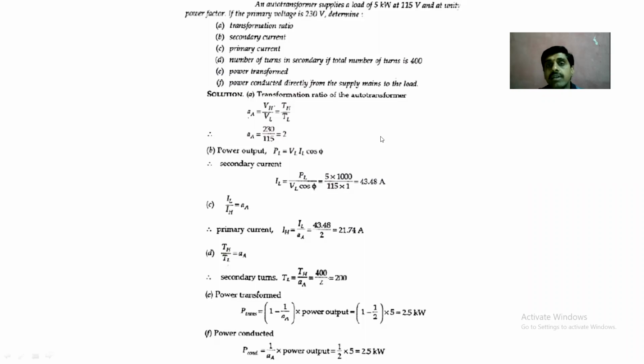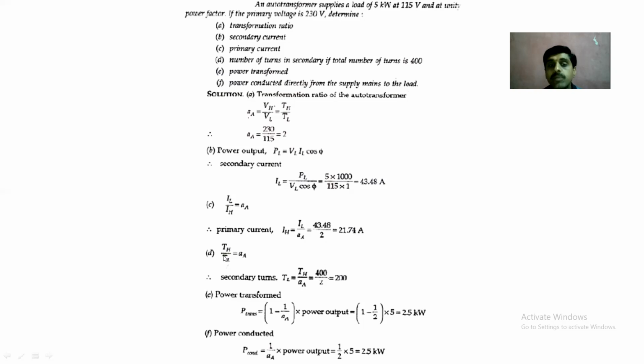Once again, first you calculate the transformation ratio, that is V1/V2, that is T1/T2, which is A. Power output is P equal to VI cos phi. So on the low voltage side, if you substitute all these values, we will get the current on the low voltage side. Using A equal to IL/IH, A means I2/I1, you will get this IH value.